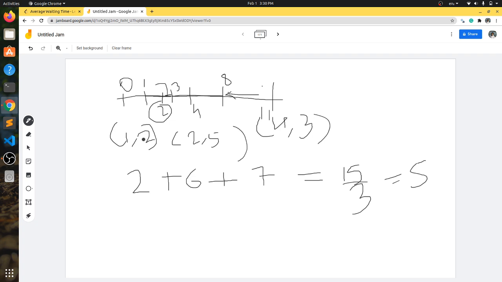Basically we have understood the first example. Let's see how we can build an algorithm from it.